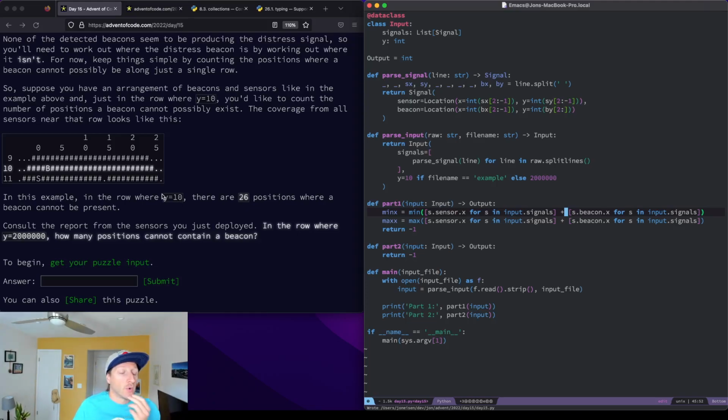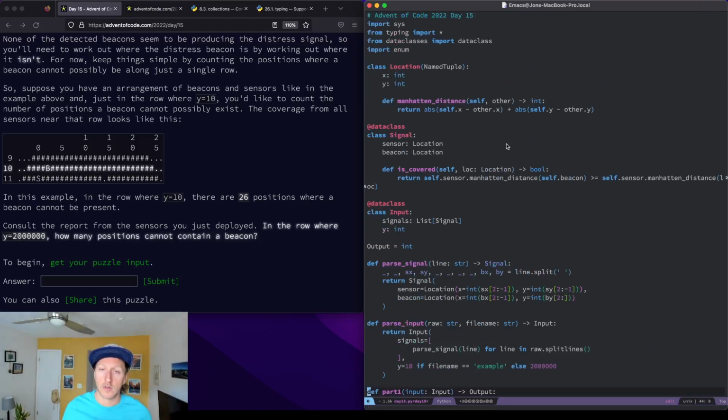We need to determine the farthest reach that any signal has.